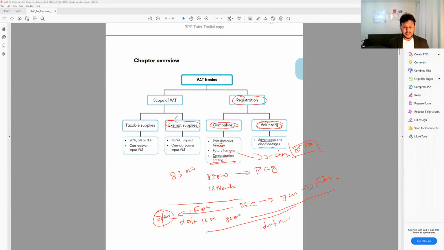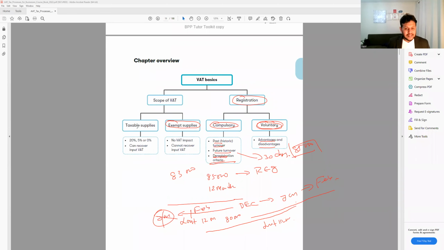For example, the university, if you pay fees in the university, they don't charge VAT to you because they are exempted, they are charity. Now, obviously, when you are exempted, you don't charge VAT to your customer. At the same time, the VAT you paid to your supplier, let's say you buy some furniture, you buy some stationery, you will not be able to claim back this VAT from HMRC. So you don't pay, you don't claim. Exempt means you don't pay, you don't claim. Simple as this.